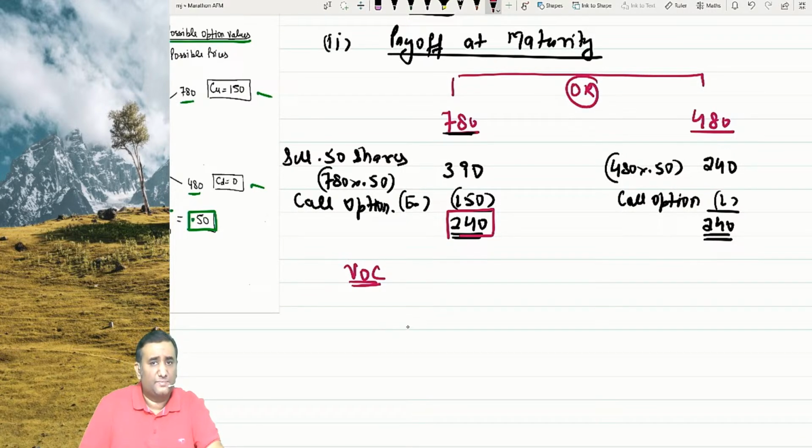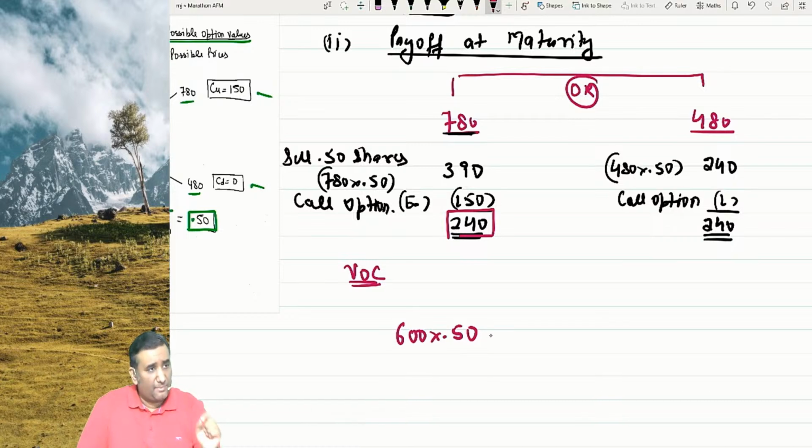What is the price today? 600. I want to buy 600 into 0.5. How many rupees do I need? 300. And some amount will come from the call option written, which I have to find, minus C. This should be equal to the present value of 240.